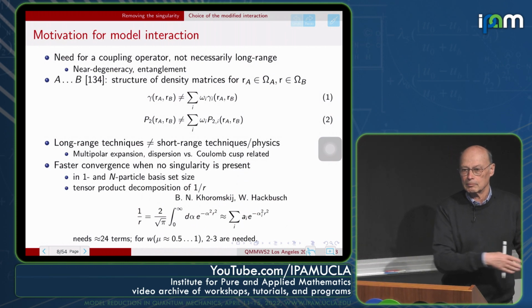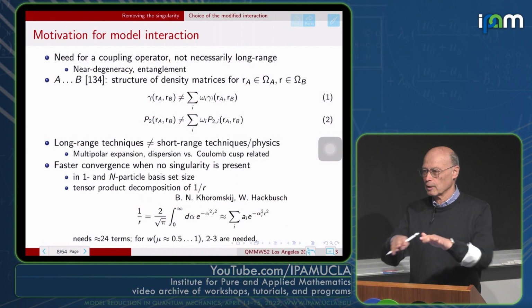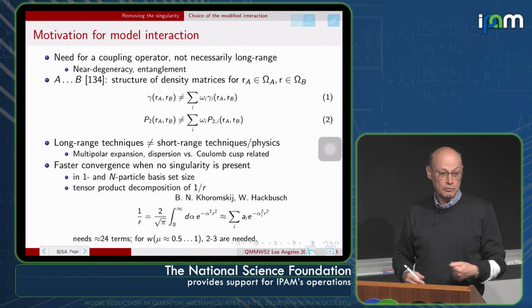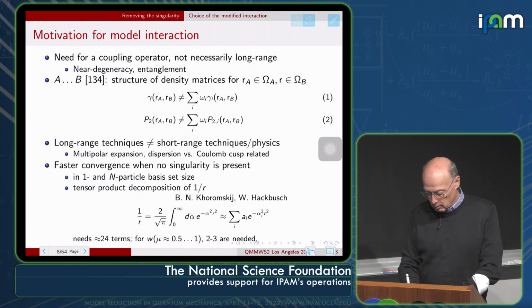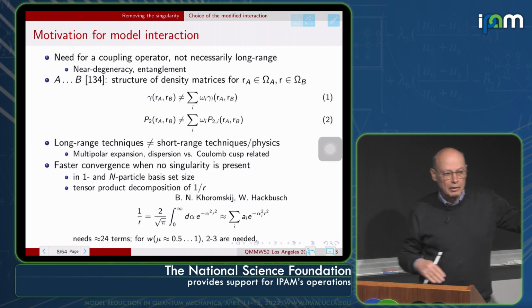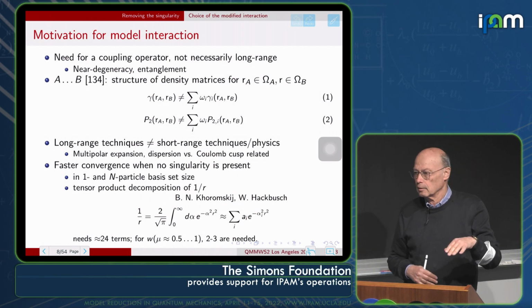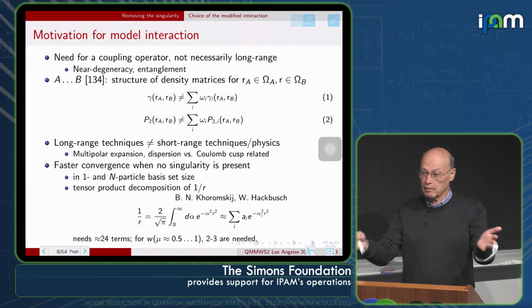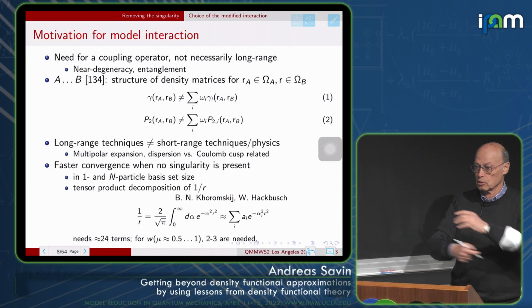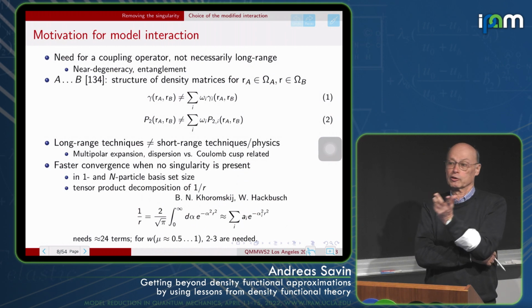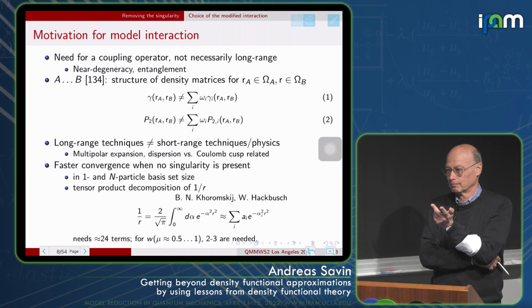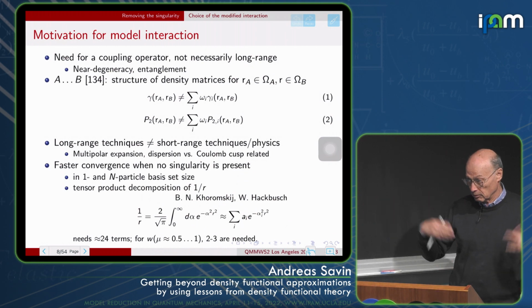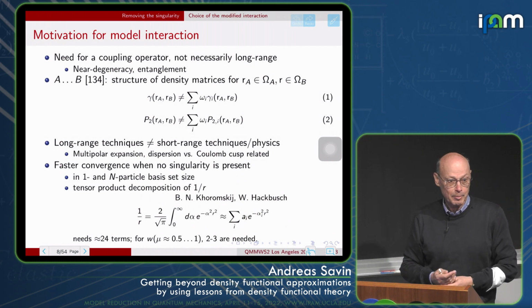So the conference was finished, I went to my hotel room, and I asked how many terms I need if I take away the singularity. In a way, it's taken away in the codes where these density functional approximations are programmed. And it was 2-3 terms. So an order of magnitude gain in this tensor product expansion.